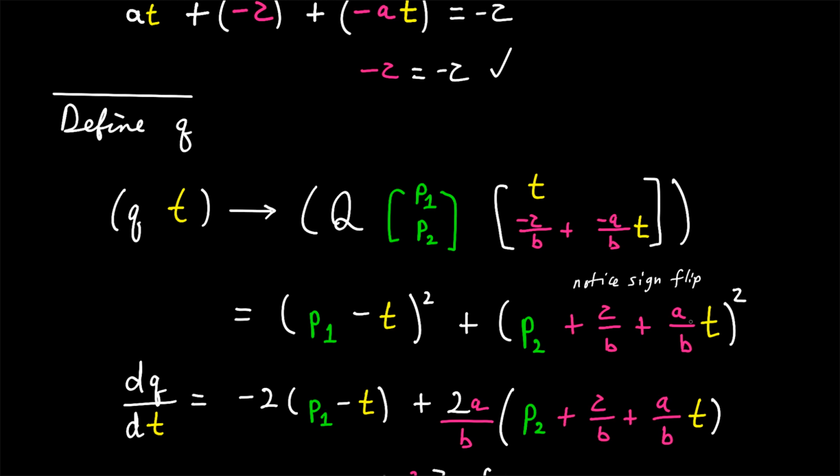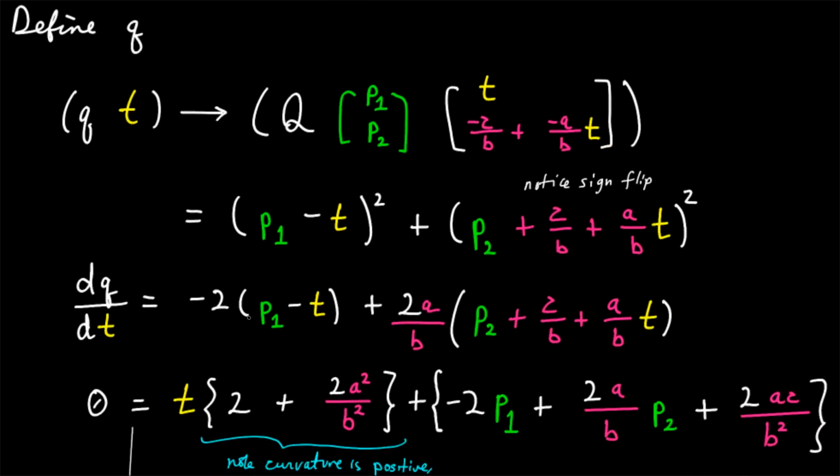And then differentiate this with respect to t using the chain rule. You pull the minus 1 out because of the minus in front of the t, and the 2 comes down. Minus 2 times p1 minus t plus 2, the a over b comes out. The 2 comes down because of the exponent. The a over b comes out because of the chain rule. Times p2 plus c over b plus a over b times t.